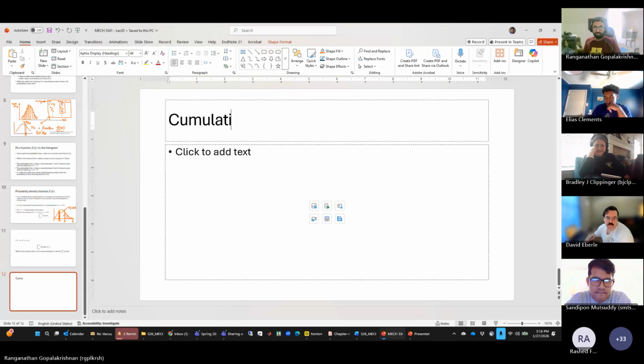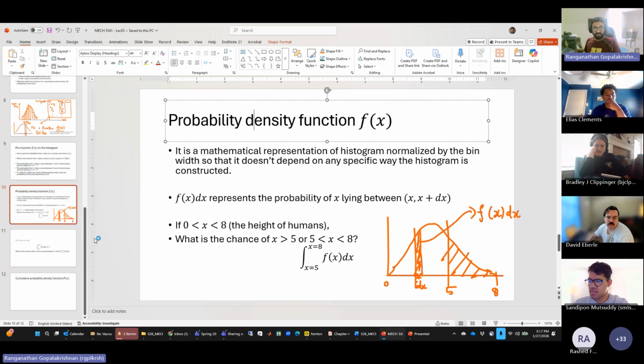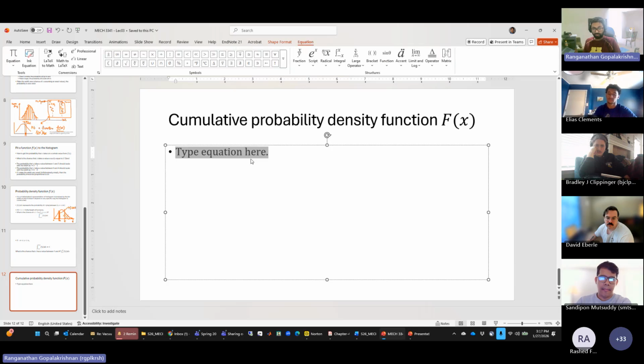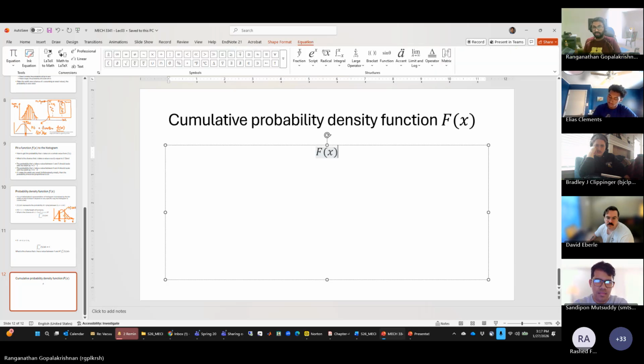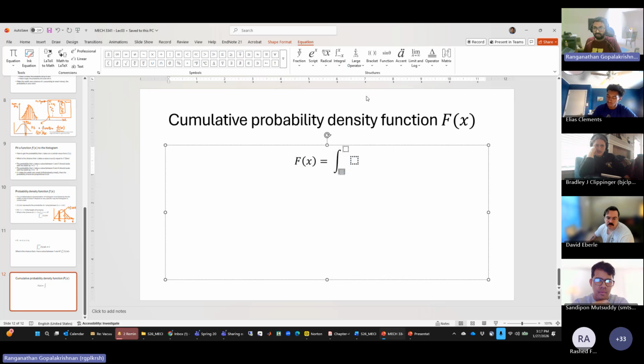Cumulative probability density function. We'll call it F of x. Okay, probability density function, cumulative probability density function. So F of x is defined as, for whatever possible values that this random variable assumes, the integral from minus infinity until x of f of x dx.